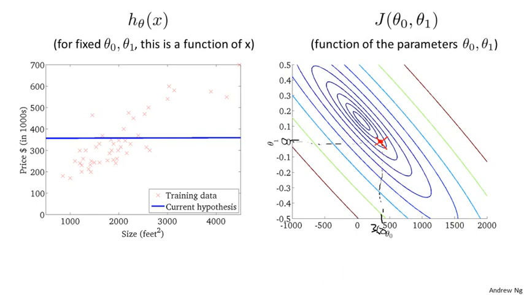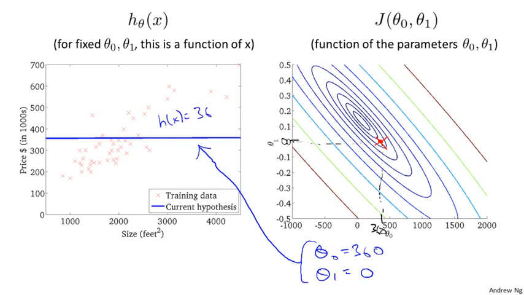So let's write that out: theta 0 equals 360, theta 1 equals 0. And this pair of parameters corresponds to that hypothesis, a flat line. This is h of x equals 360 plus 0 times x. And this hypothesis again has some cost, plotted as the height of the J function at that point.